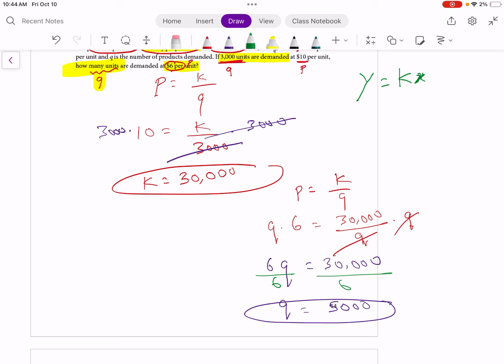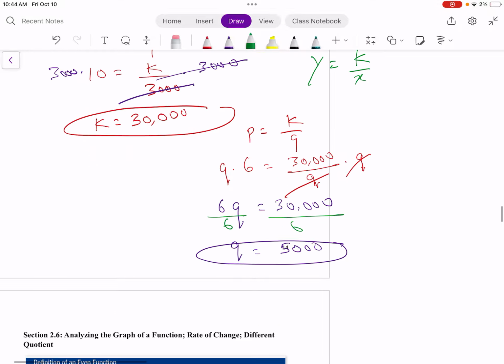If your variables are inversely proportional, then y is k divided by x. So look for these two keywords. If it's direct, y equals kx. If it's inverse, y equals k over x. Any question up to here?